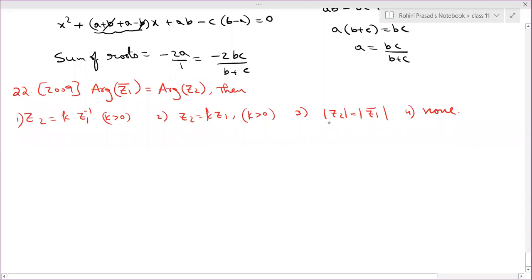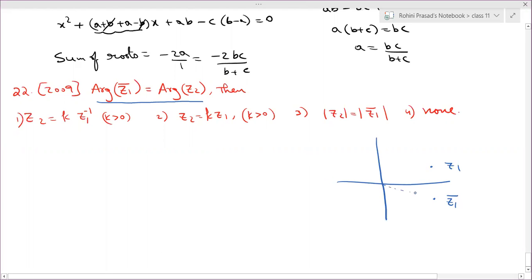They are given argument of z1 bar equal to argument of z2. So suppose this is z1. Z1 bar will be here. So z2 should also have the same argument as z1 bar.